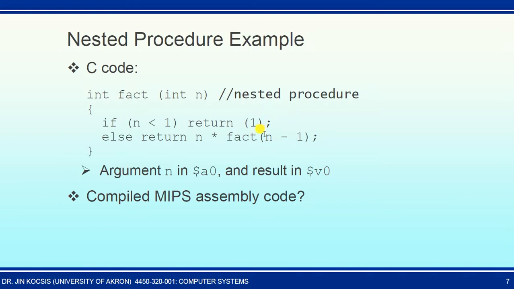Definitely one register that will be touched by the procedure call is a0, because originally a0 is n, and now in the procedure call, a0 becomes n minus 1. Another one, which is not explicitly touched but actually is touched, is the return address register, ra.